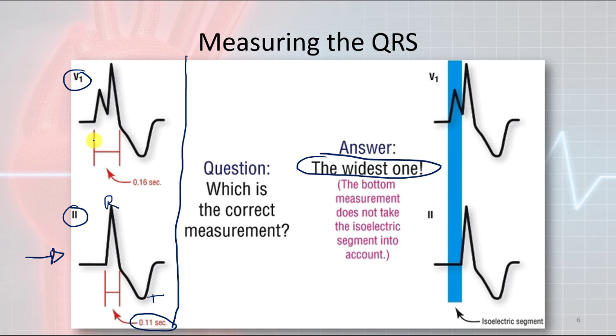After doing the 12 lead, you see that the true width of the QRS complex is 0.16 second, which makes it wide. So in the perfect world, what should we do? We should always measure the widest QRS width, and that should be our true width of the QRS.